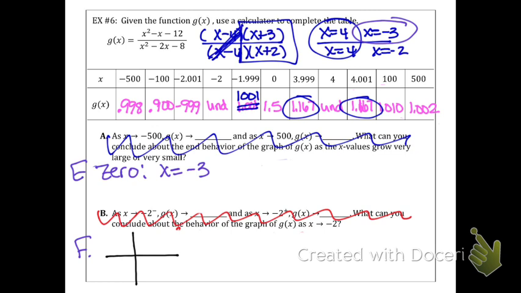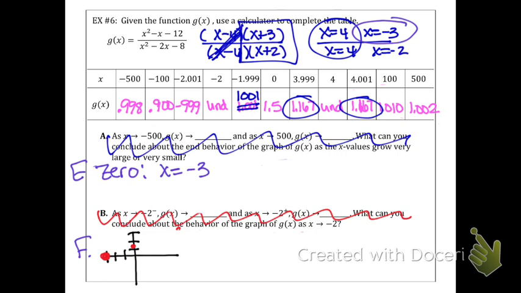Okay, we said that there's a zero at negative 3, just using E. D says there's a y-intercept at (0, 3/2), so that's 1.5. So right there. Working my way back up, C says there is a hole at (4, 7/6).